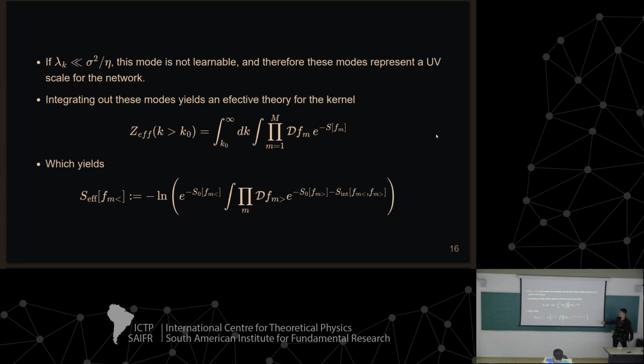With this, we can write an action based on the partition function, and this action will have a term that is due only to the high eigenvalue modes, and some interaction of the high eigenvalue modes and the low eigenvalues that are not learnable.